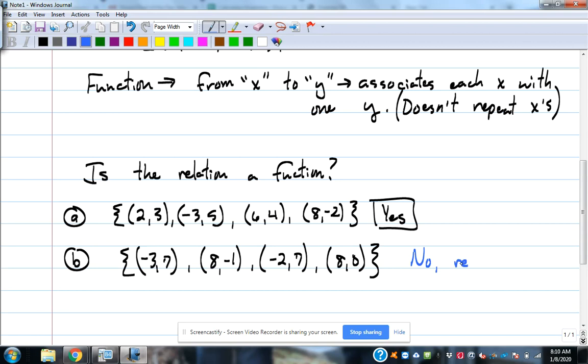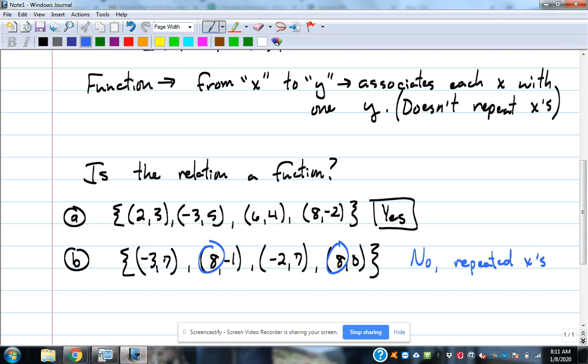So, repeated x values. If it's not, we need to know why. And I'm just going to circle those to show that, hey, those are the two that are repeated. It doesn't matter that that 7 in the y value position is repeated. That's okay. To be a function, x is the only thing you cannot repeat. So be careful of that. Y's are okay as long as the x's don't repeat.